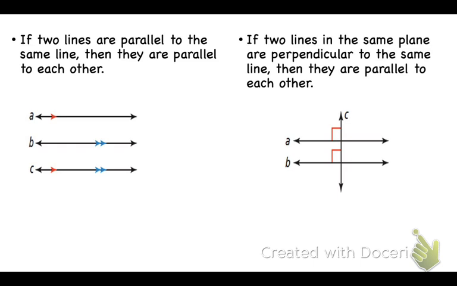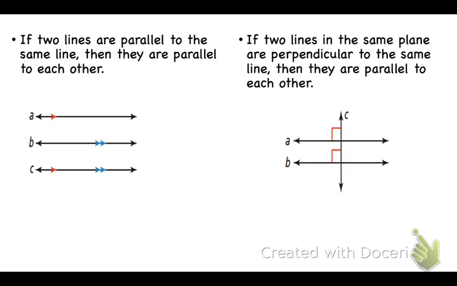Okay, so the next one. If two lines are parallel to the same line, then they are parallel to each other. Now stop and think about what that just said. If two lines are parallel to the same line, they're parallel to each other. Does that kind of make sense?